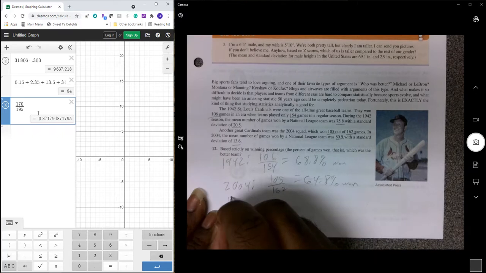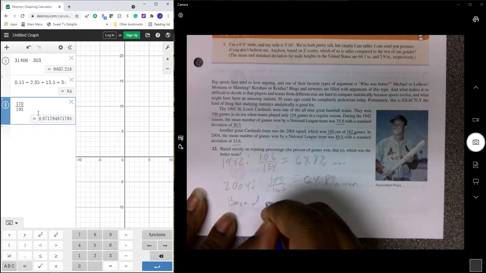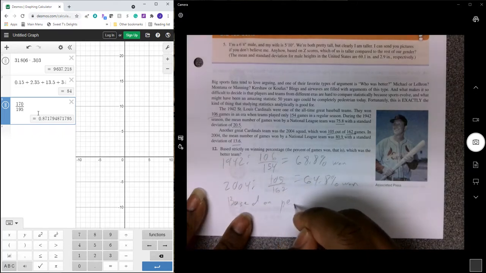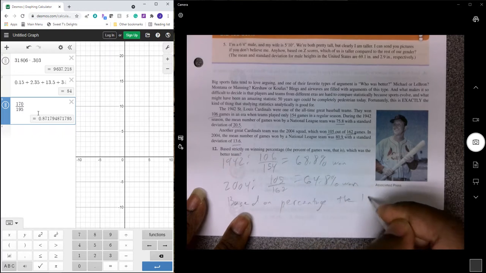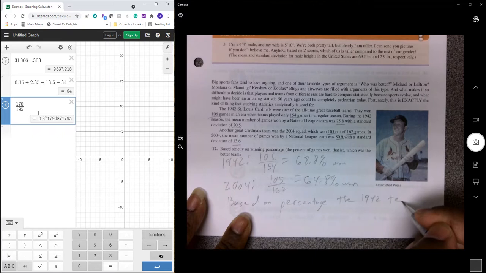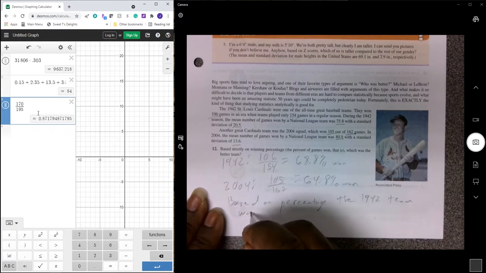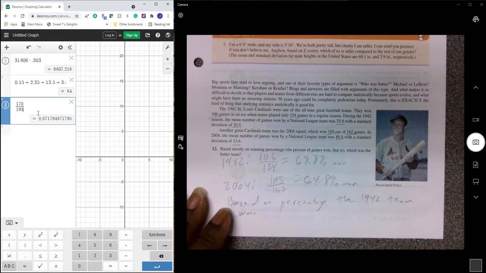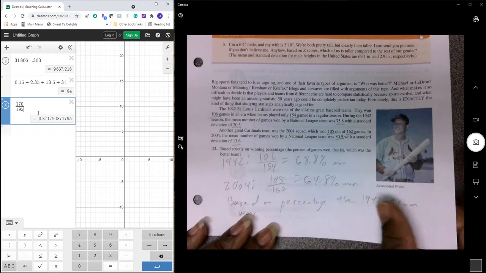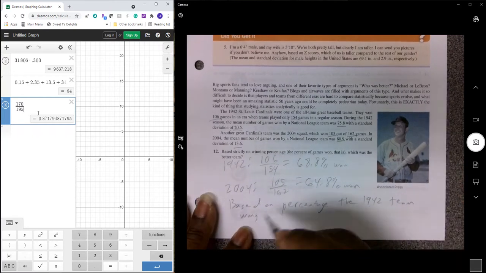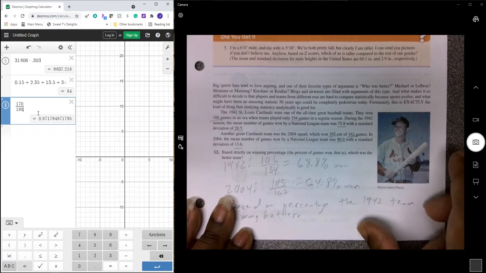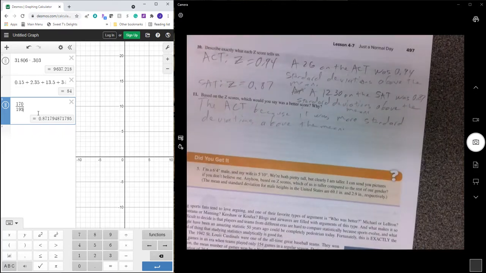So based on percentage, the 1942 team was better.